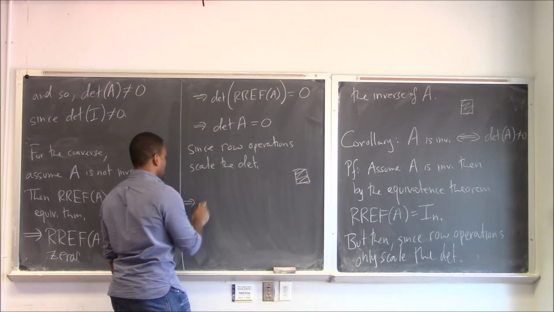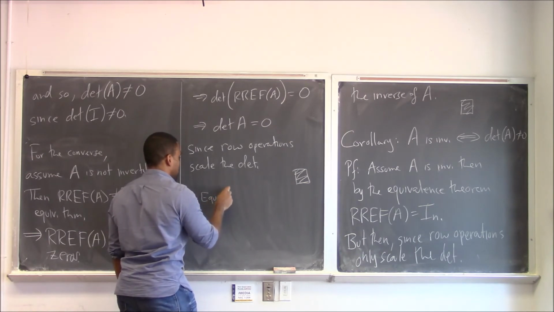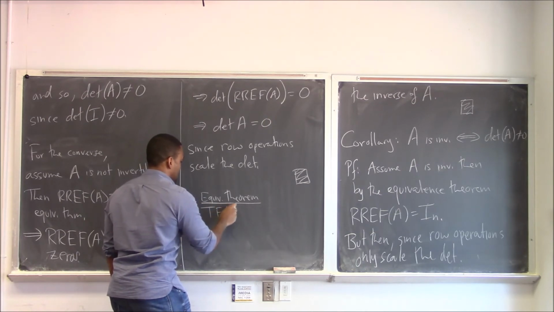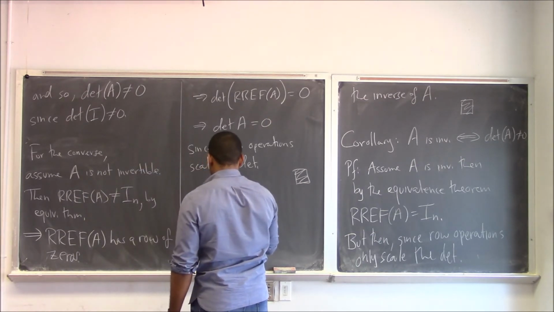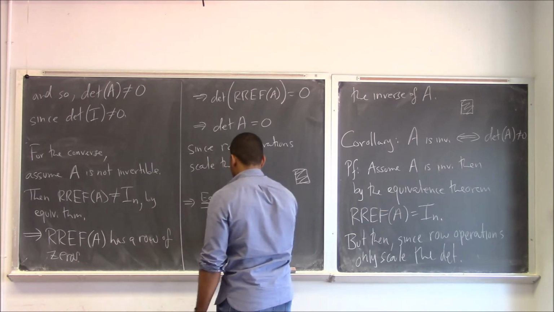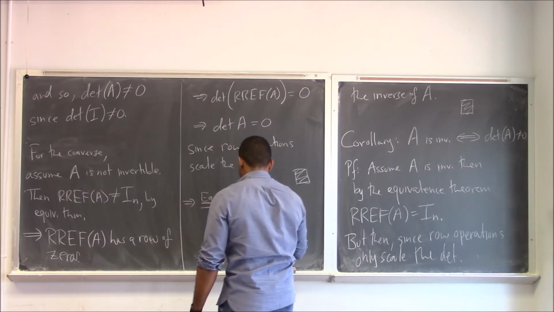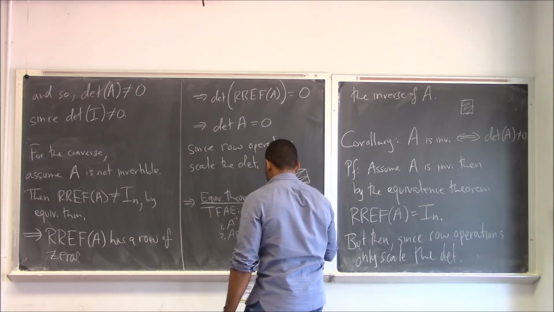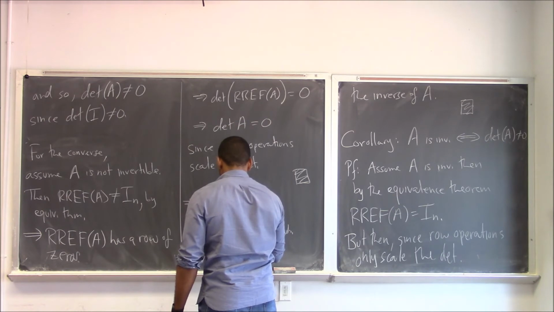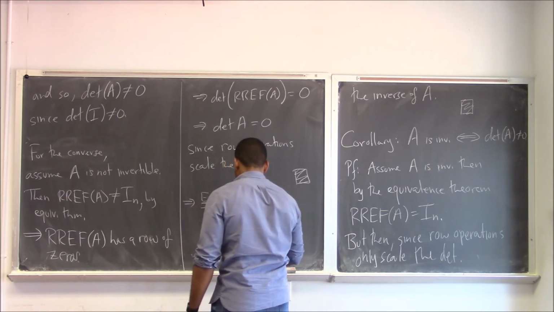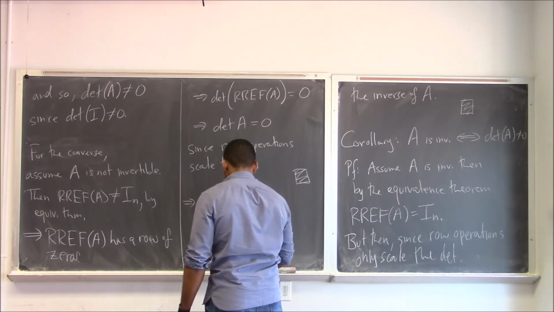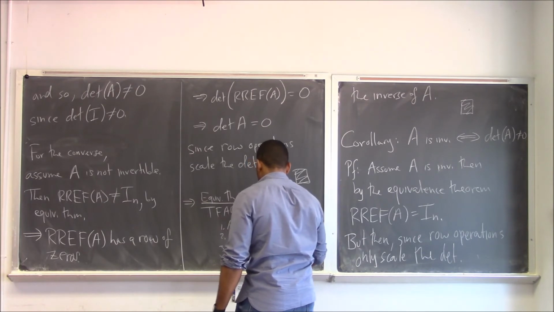This means we can add more to the equivalence. The following are equivalent. 1, A inverse exists. 2, AX equals B has a unique solution. 3, the reduced row echelon form of A is the identity. 4, A is the product of elementary matrices.